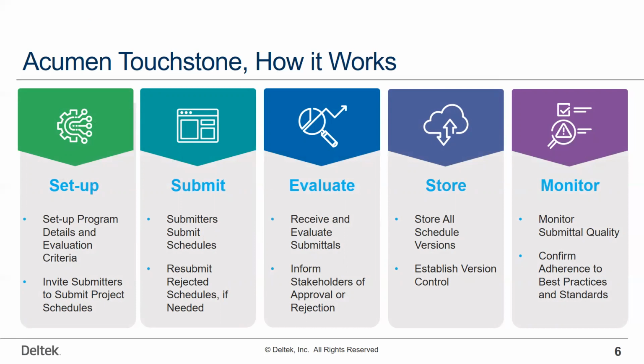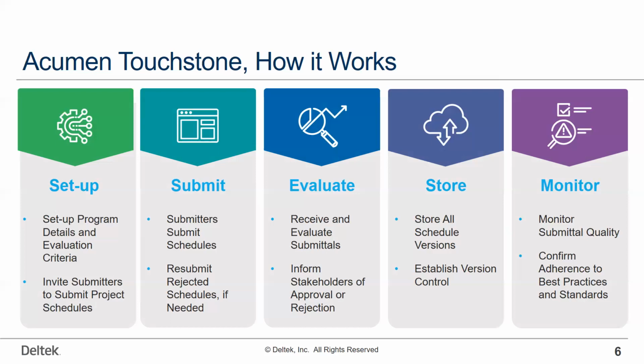They can pretty much be anything. A common one might be the 14-point assessment. You might want schedules to meet the basic requirements of that. You can also have hard and fast requirements, like if they have actuals in the future or forecasts in the past, that it is automatically rejected. You can identify all of that in advance.